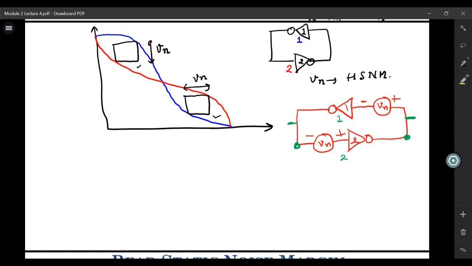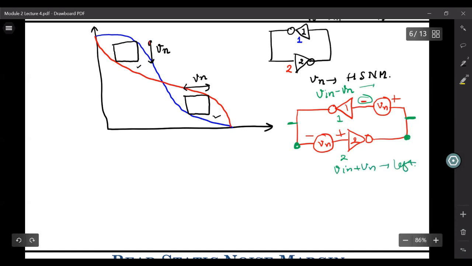From our discussion in the previous lecture, if the negative terminal of the noise is connected to inverter 1, the effective input is Vin minus Vn, and hence the curve shifts towards the right. For the other case, the effective input to inverter 2 is Vin plus Vn, so the curve shifts towards the left. Now let us apply the same concepts here.